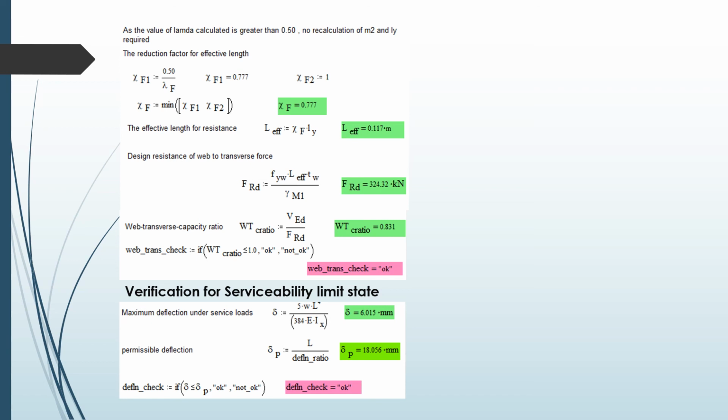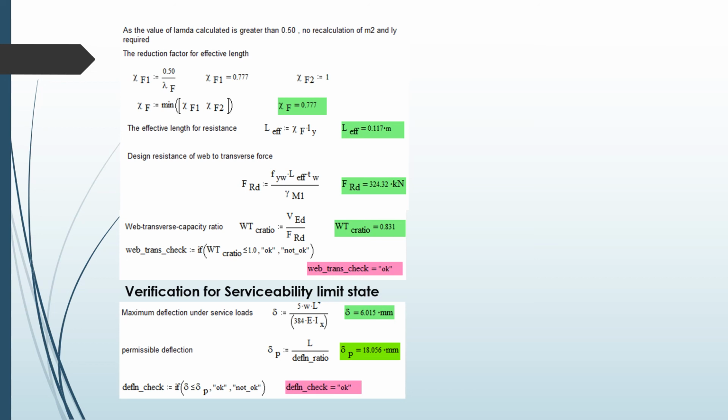So now the reduction factor for effective length chi F is calculated as 0.5 by lambda F, which works out to be 0.777 in our case. Therefore, the effective length for resistance Leff is calculated by multiplying chi F with ly. So in our case, Leff works out to be 0.117 meters.